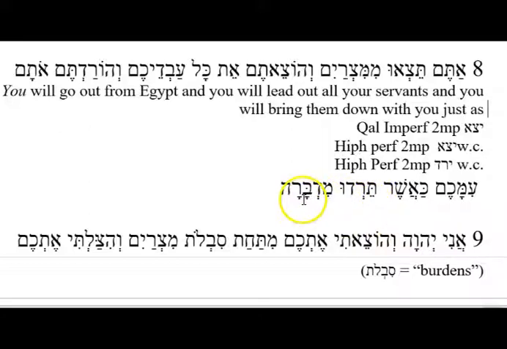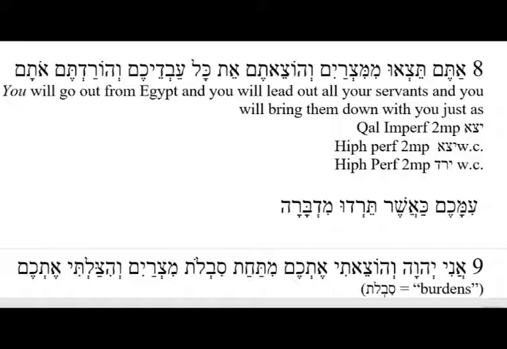Terdu midbara. Okay, so this is another verb. Let's parse it together. We have this tav at the beginning and a shureq at the end, just like we had up here. That is a normal imperfect preformative and sufformative, right?